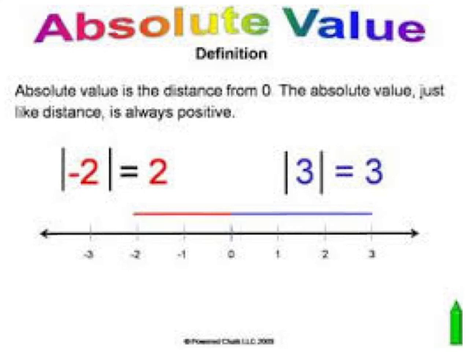So from 0, the absolute value of 3 is 1, 2, 3, or the distance from 0 is 3. The distance from 0 of negative 2 is 2 places. That's why it is positive 2, because it's 2 places away from 0. That's the distance.